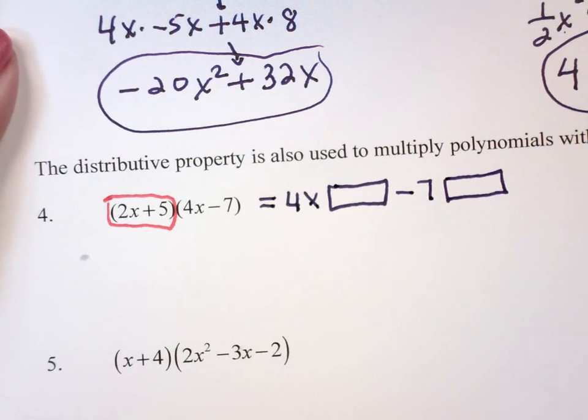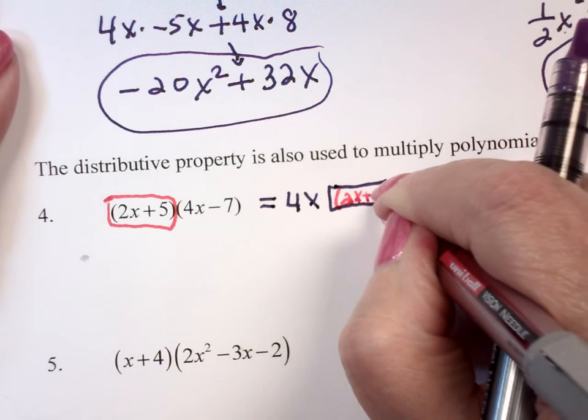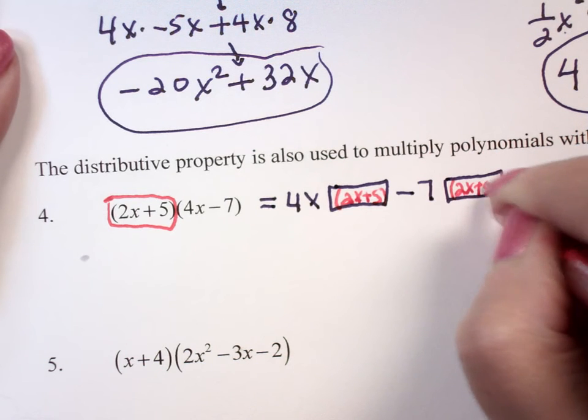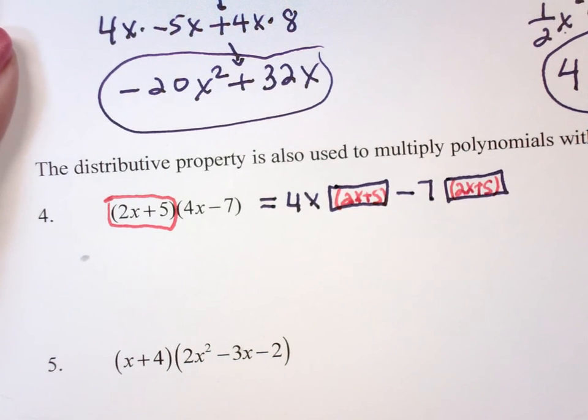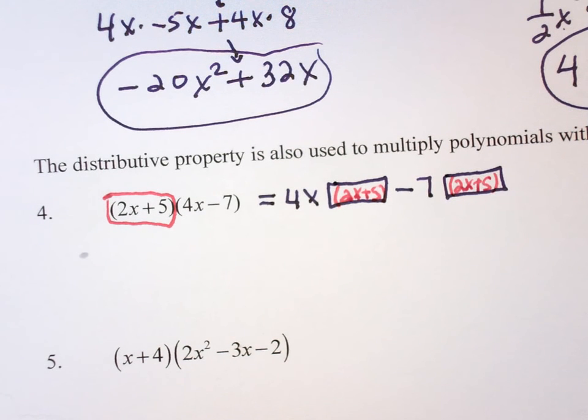And the box is parenthesis 2x plus 5. I need to have that bigger. Now you use the distributive property again. So distributive property more than once.